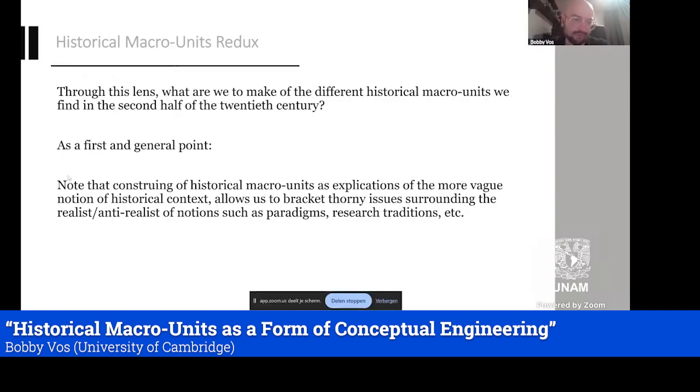So here I will note as the first and general point that construing historical macro units as applications of the more vague notion of historical context allows us to bracket thorny issues surrounding realist or anti-realist apprehensions we might have around notions such as paradigms, research programs, or research traditions.